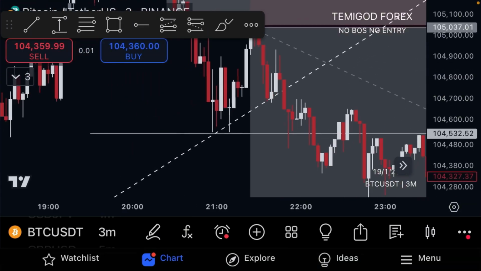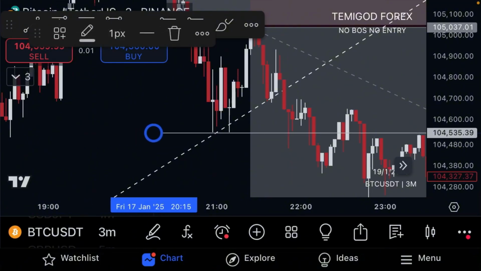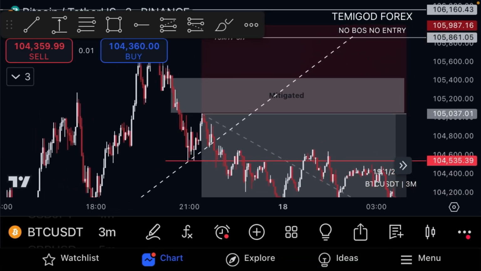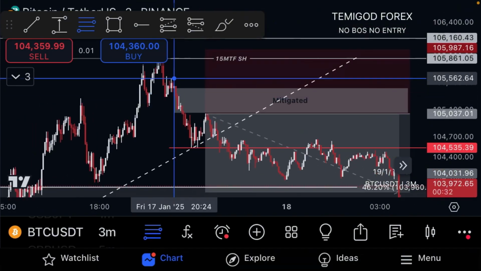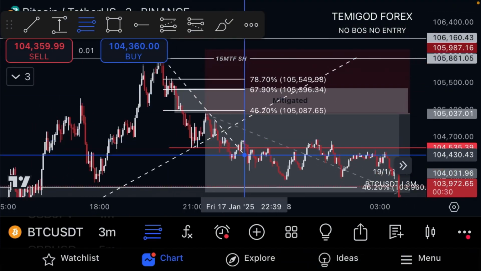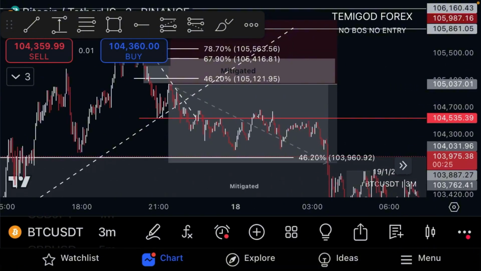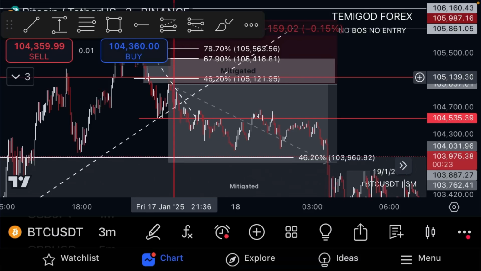So since we already have this, we could just map out this area here and stretch our Fibonacci tool from that up area down to this side, which is our fair value gap area, to get that sell. As you can see, it slightly tapped into it, but I would have entered a market order like I did here.